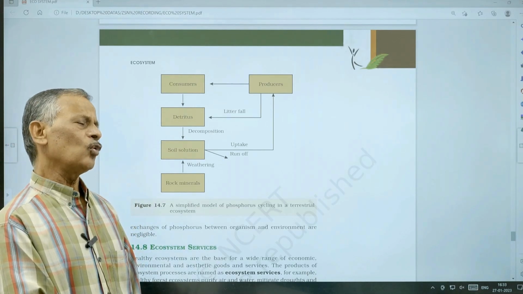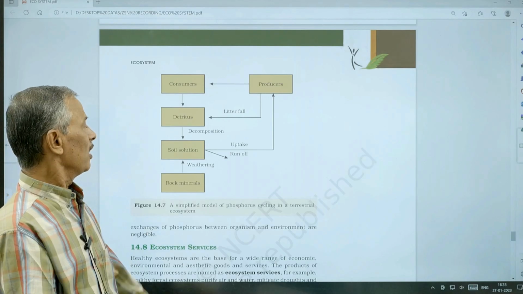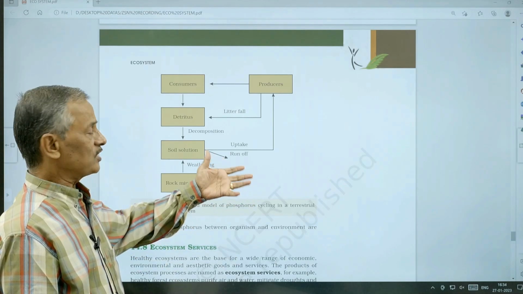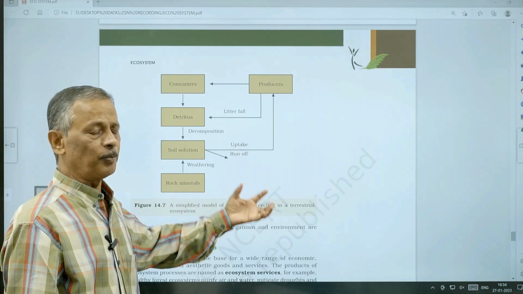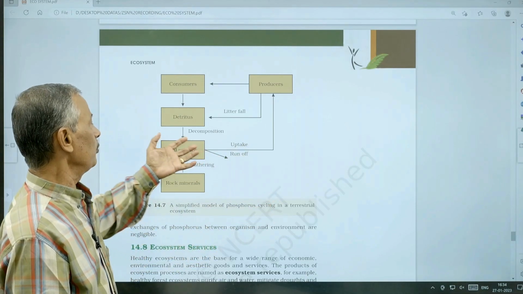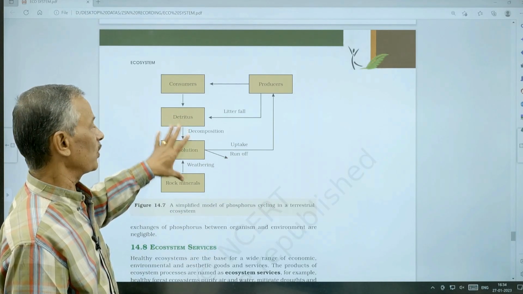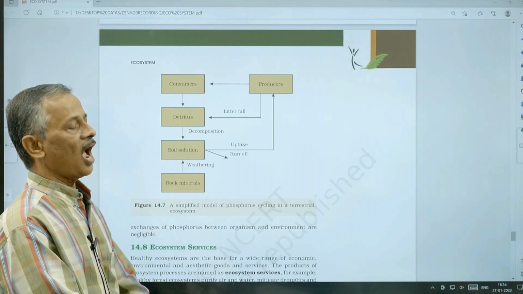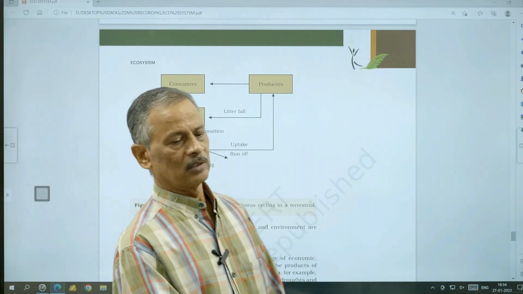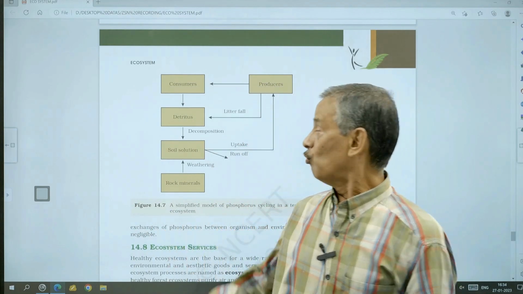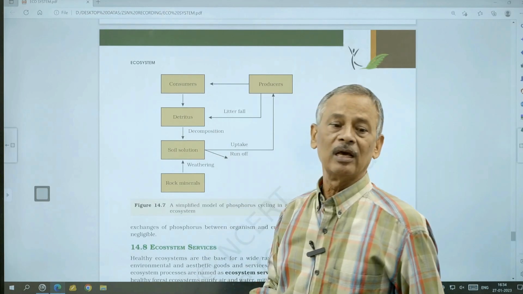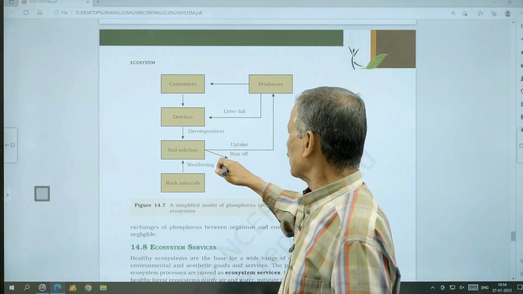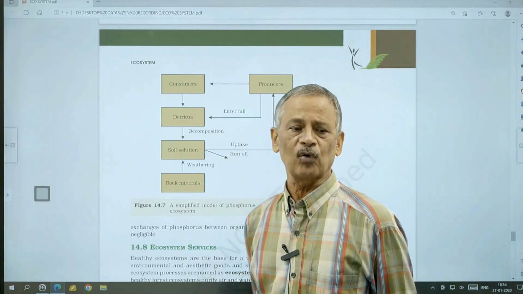And after so many years, sometimes irregularly, when there is a chance, these rocks that are formed at the deeper layers of the soil may again become surface, and because of weathering, they again may become available to the soil. But anyhow, what is uptaken is not immediately completely recycled. So there is some loss of phosphorus.